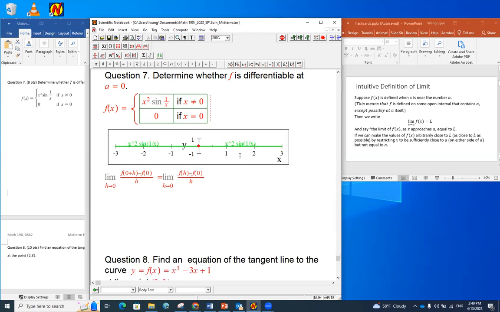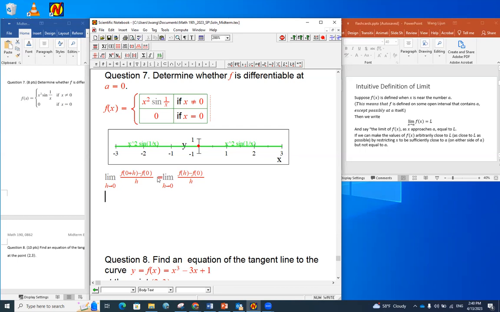As you can see, the function is defined everywhere as x squared times sine of 1 over x, but 0 differently. At 0, f of 0 is 0.